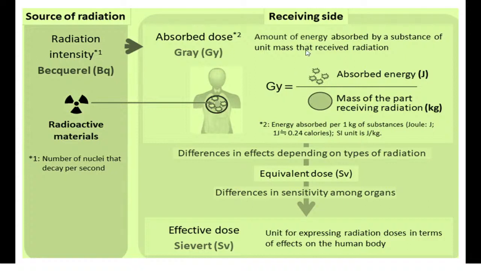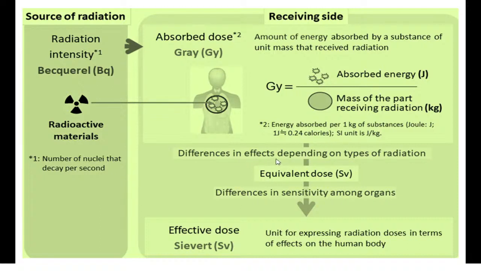Absorbed dose is the amount of energy absorbed by a substance of unit mass that received radiation. This is the formula to calculate absorbed dose. But this doesn't say what the effect will be. Would it be harmful? Would it be a hazard? So that is why we should go further.